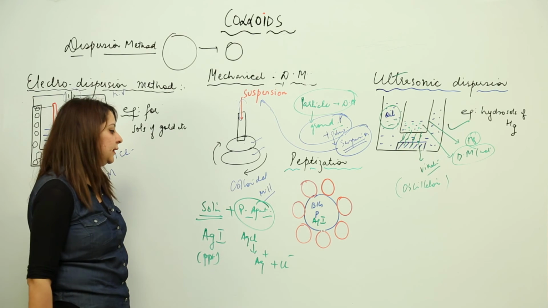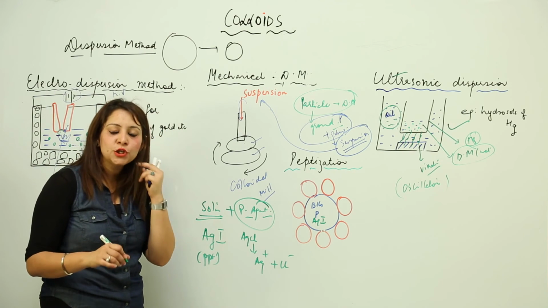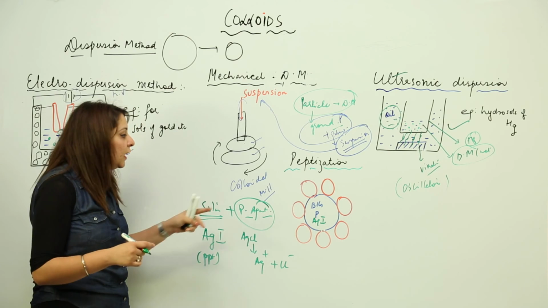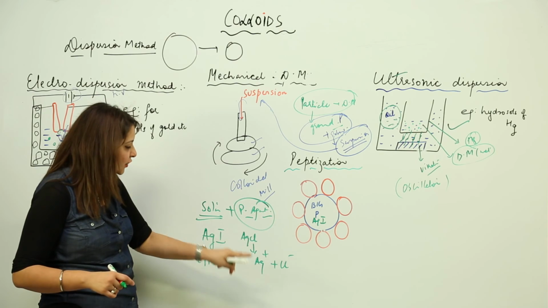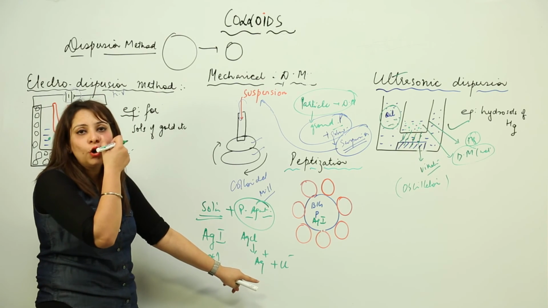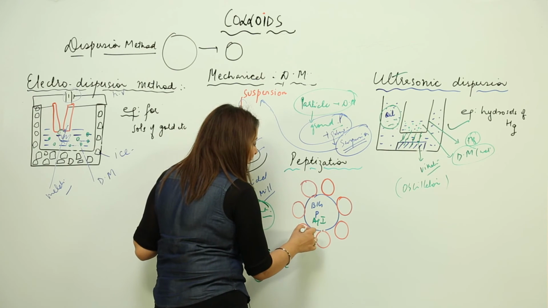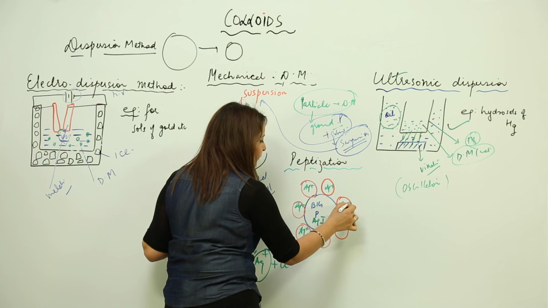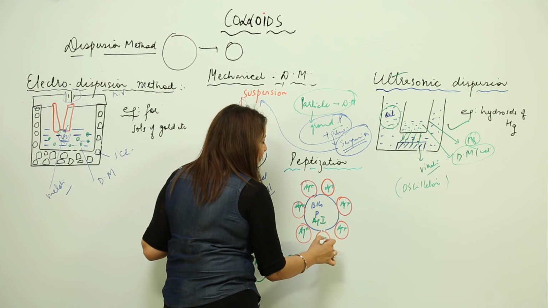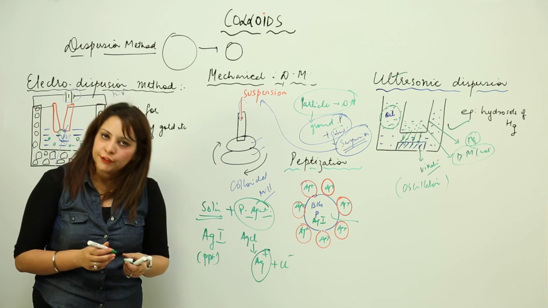Now this bigger particle is going to attract the ions of the peptizing agent that are common to them. So I can see that this is AgI and that is AgCl. What is the common ion? Obviously it is the silver ion. So the silver ions will cling here, meaning they will get adsorbed on the surface, and they will further break this bigger particle into smaller particles in the range of colloidal particles.